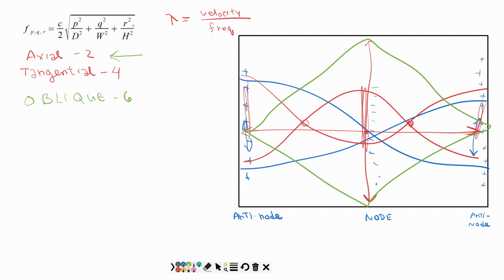P, Q, and R are essentially mode numbers. So if you throw a 0 in there, you're not going to get that particular piece. In other words, if I was looking at an axial mode, right, and I want to see what it is for the depth, I would put a 1 in for P and a 0 in for Q and R.